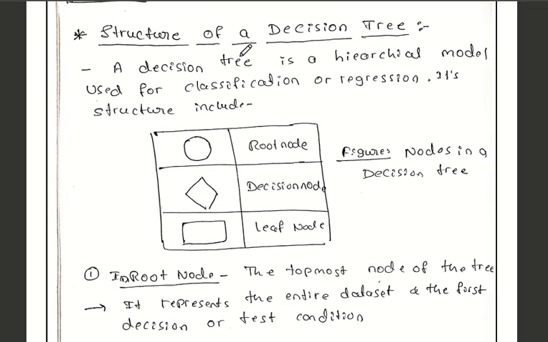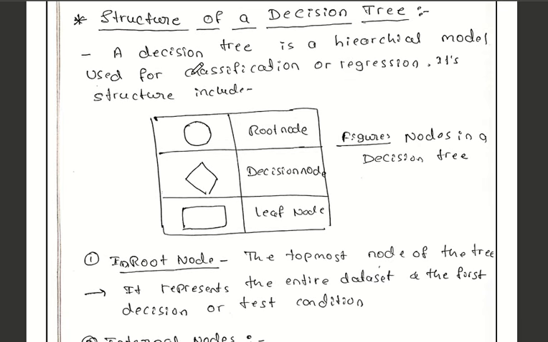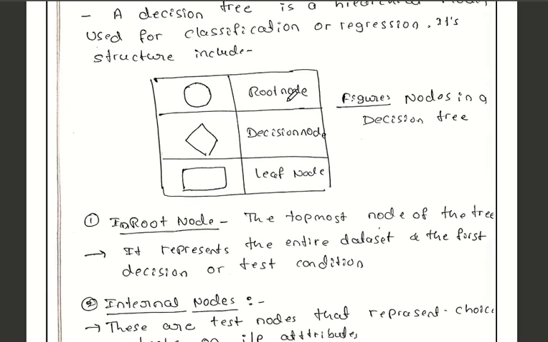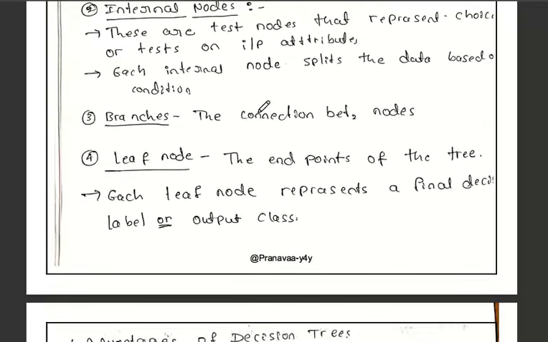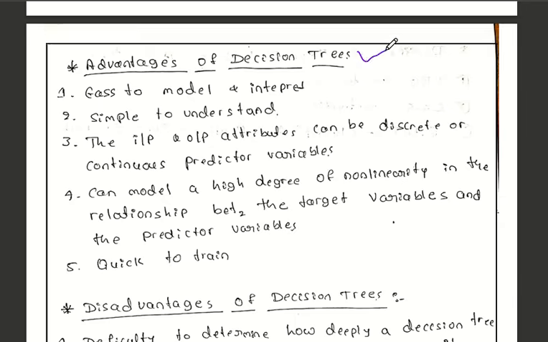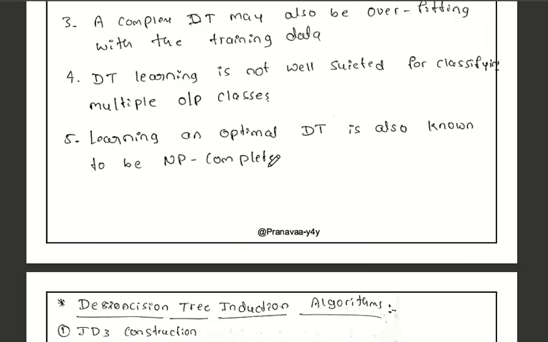Yes, this question is there in the question paper. Structure of a decision tree: a tree is a hierarchical model used for classification or regression. Its structure includes the root node, decision node, and leaf node. Okay, so explain each with a diagram. Then advantages of trees are there, and a list of disadvantages of trees is there.